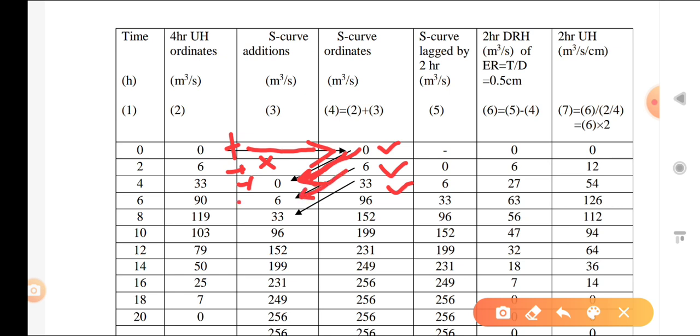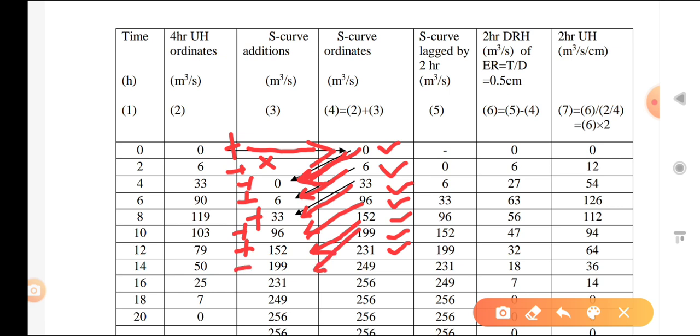So 90 plus 6 is 96, and then 33 goes below. So 119 plus 33 is 152, then 96 goes below. So 103 plus 96 is 199, and 152 goes below. So 79 plus 152 is 231.